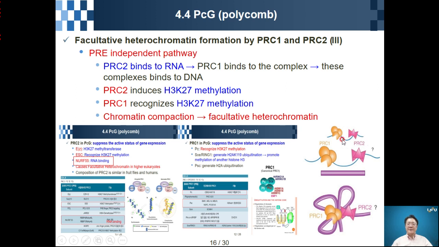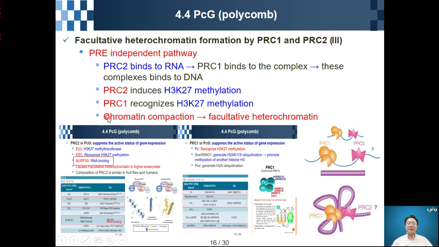PRC2 has the NURF55 protein, so this subunit binds to the RNA. Finally, this complex binds to some specific DNA. After that, PRC2 induces H3K27 methylation and PRC1 recognizes H3K27 methylation.